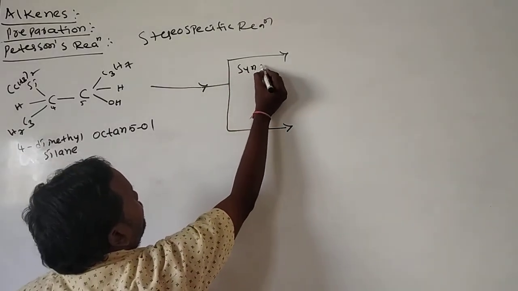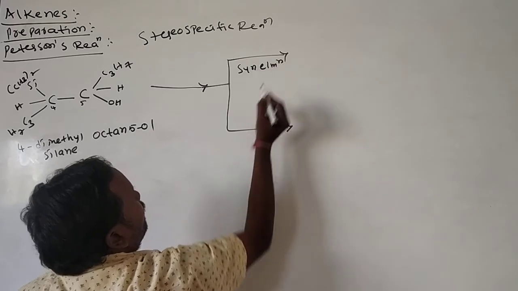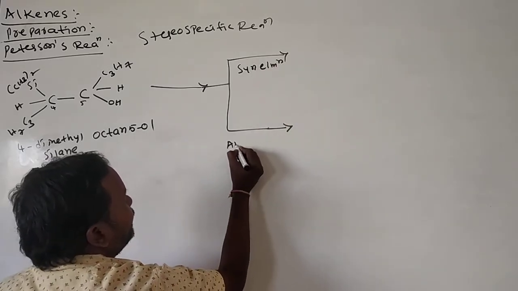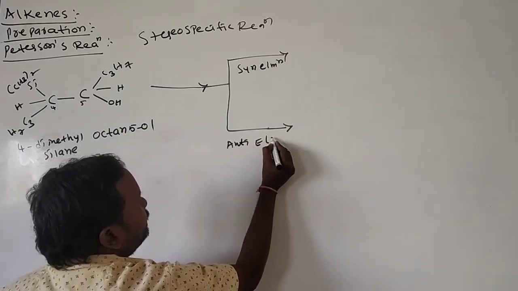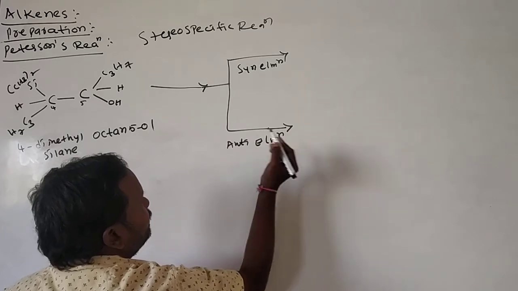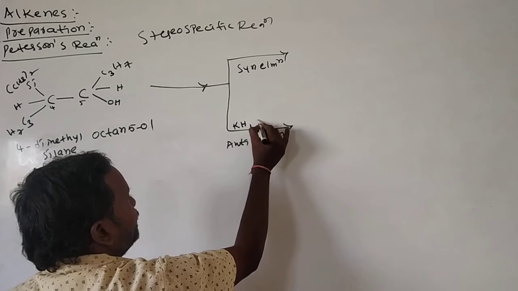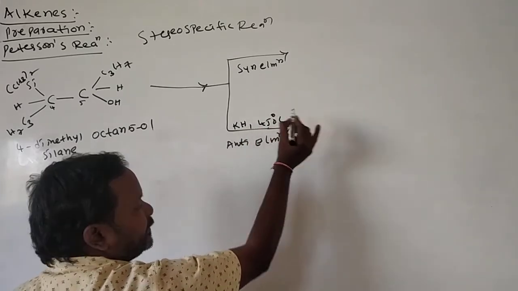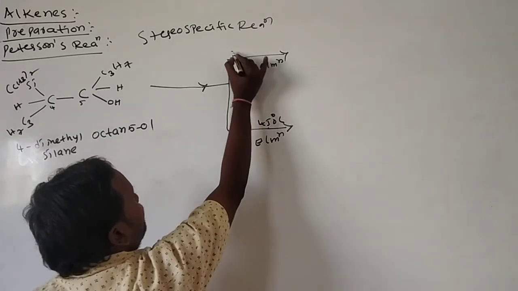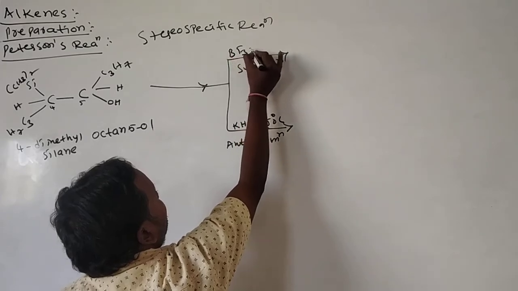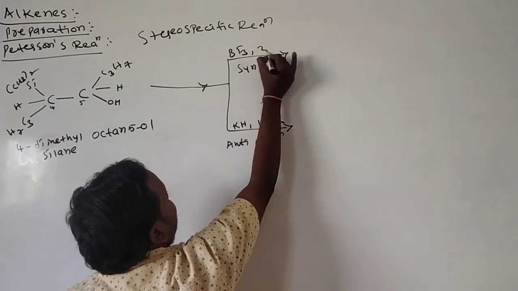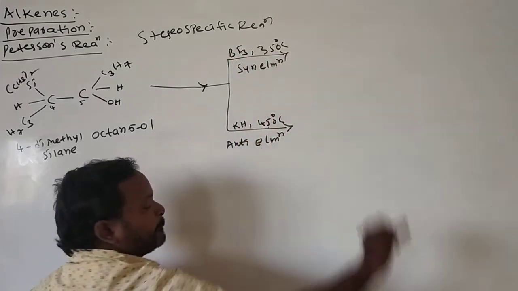Syn elimination means both are removed from the same side. Anti-elimination means both are removed from opposite sides. Anti-elimination is observed in the presence of KH at 450 degrees centigrade. Syn elimination is observed in the presence of BF3 at nearly 350 degrees centigrade.